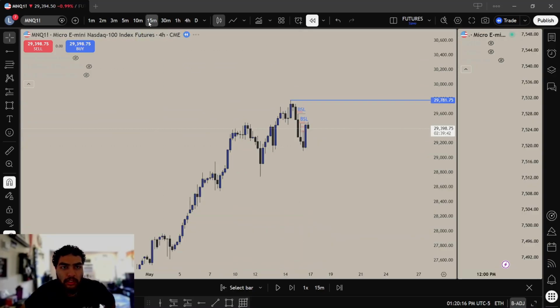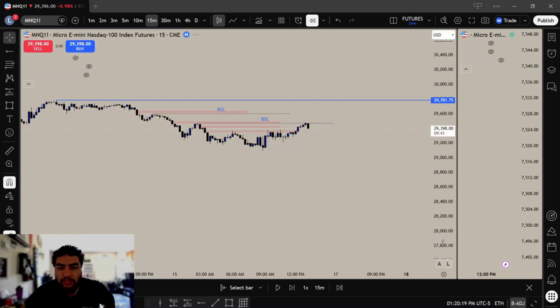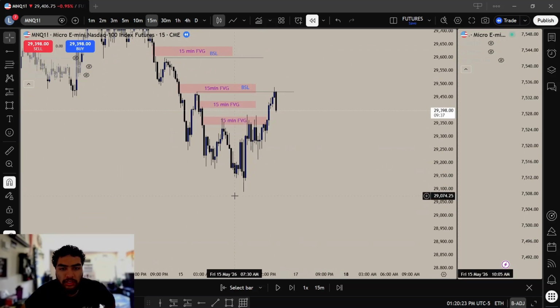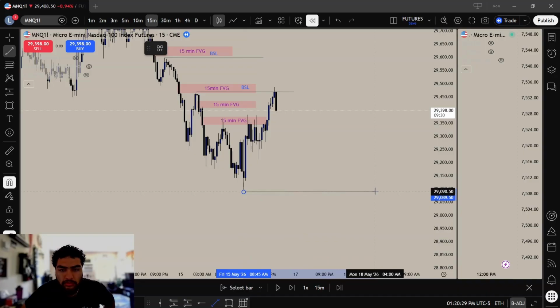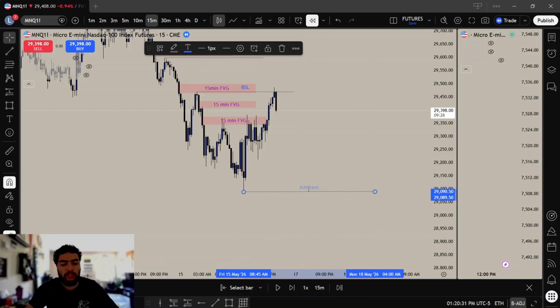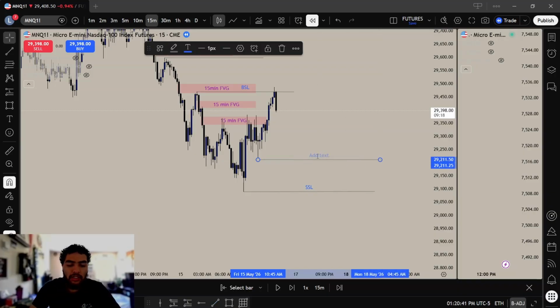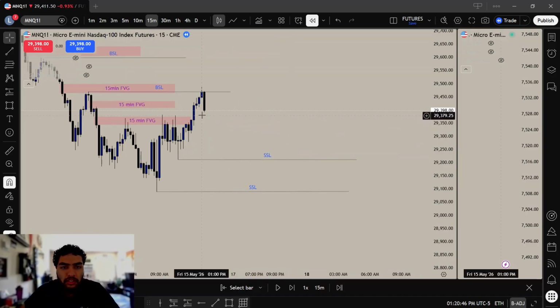So back down to the 15-minute. We got all this liquidity played out, and we have sell side liquidity right here, and then we have some sell side liquidity right here. So you know the deal. Everything's marked out on the 15-minute time frame before market open.